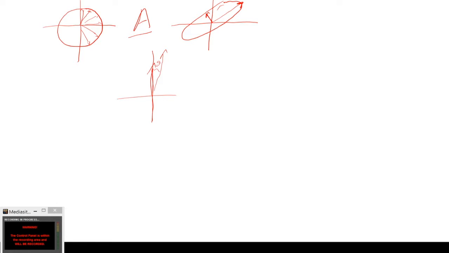And the directions are eigenvectors. And the scaling, how much they grow or shrink, are eigenvalues.